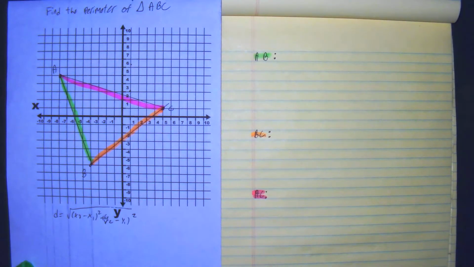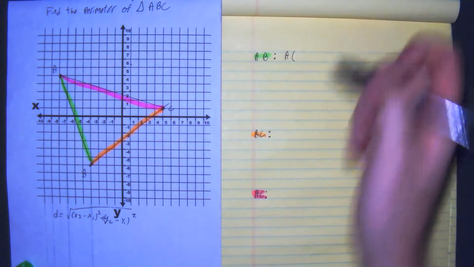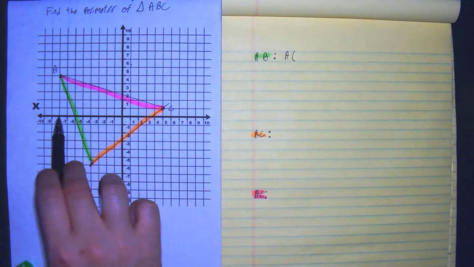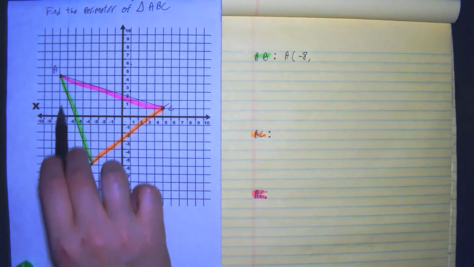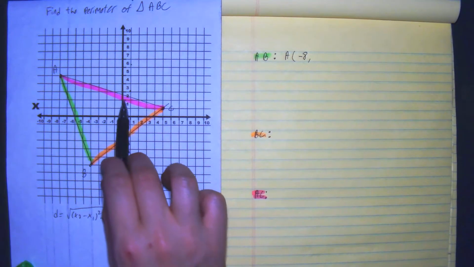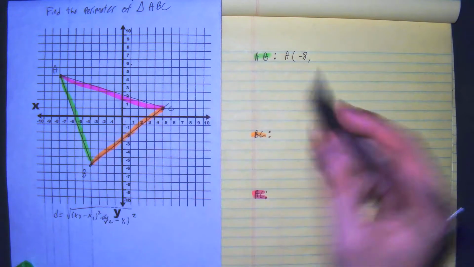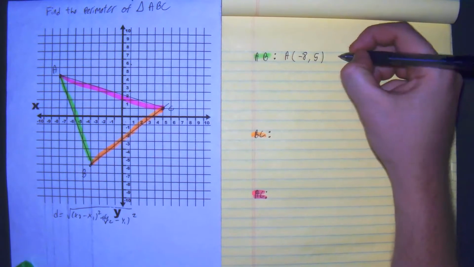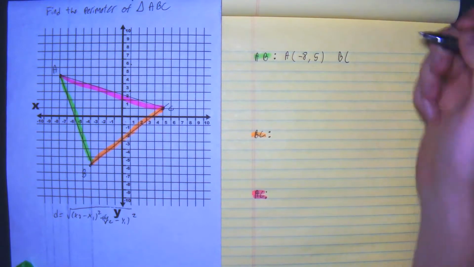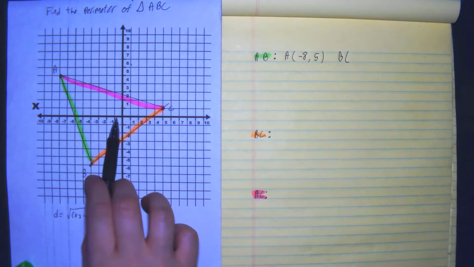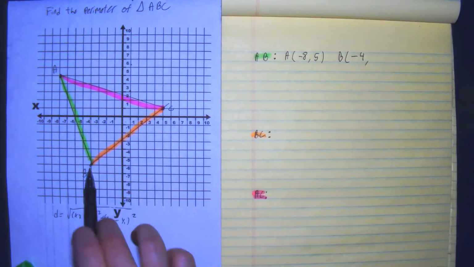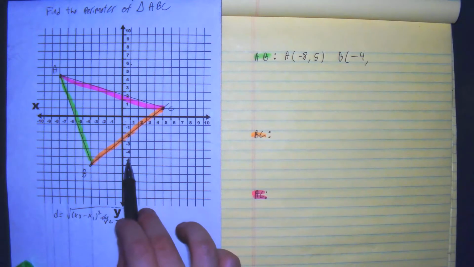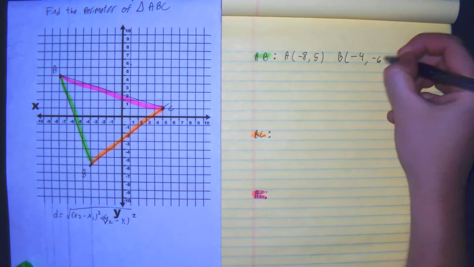To use the distance formula here, we need to know the coordinates. So A is going to be located at -8, 5, I believe: 1, 2, 3, 4, 5. B is going to be located at -4, -6.